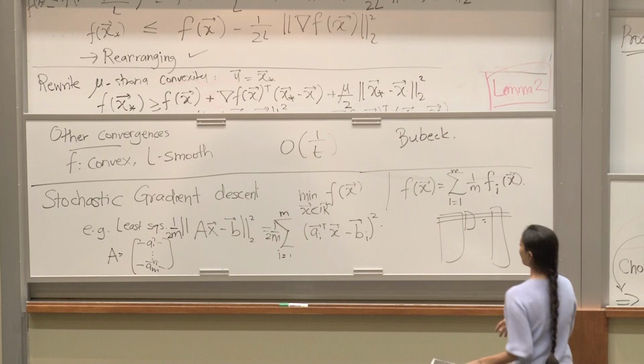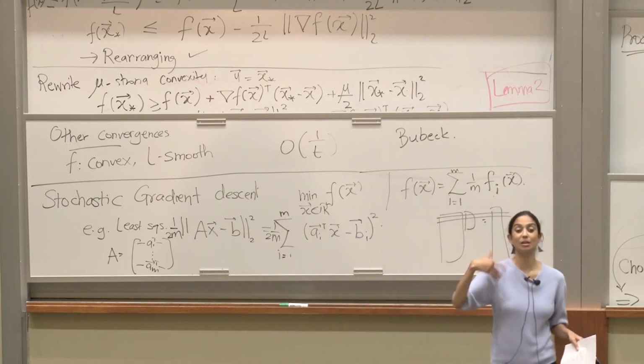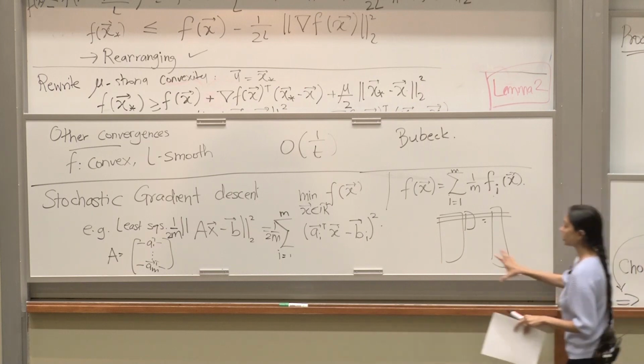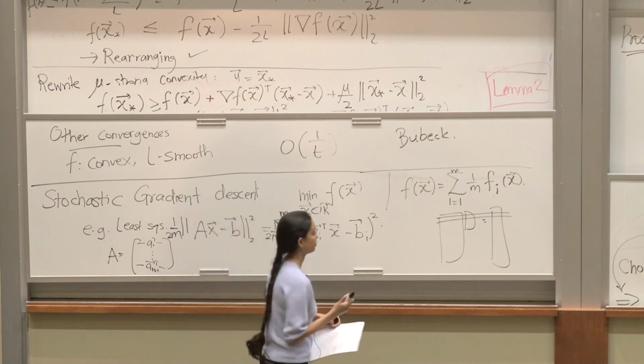By having this normalization, your loss is the same if you keep getting more and more data. You can compare losses with more and less data, because you're dividing by the number of points. So I want you to keep this in mind when you're thinking about stochastic gradient descent.